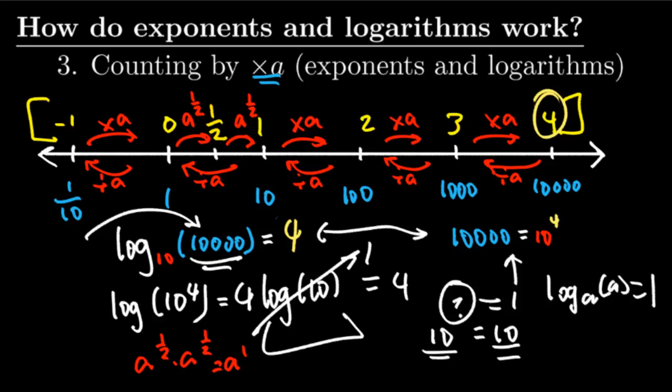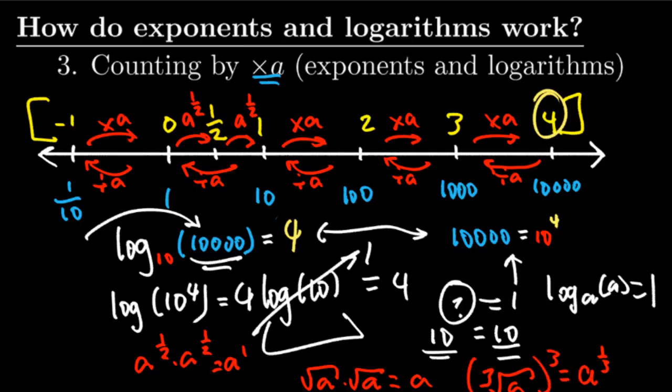The 1/2 power itself actually represents square root, because if you have the square root of a times the square root of a, that gives you a, right? Or if you have the cube root of a, and you did that 3 times, we can think of that as a to the 1/3 all to the 3rd power.